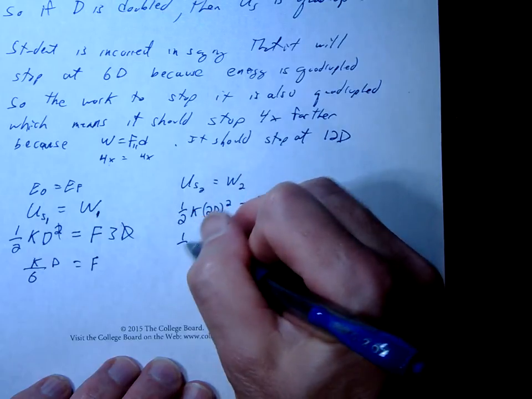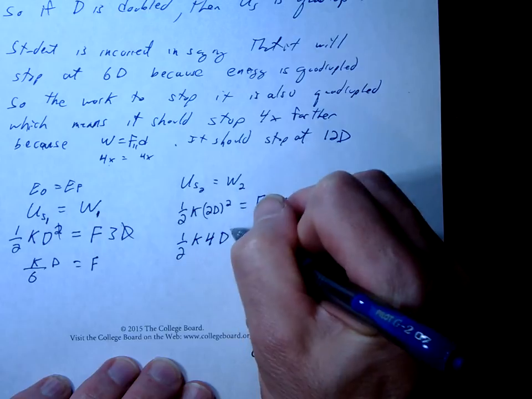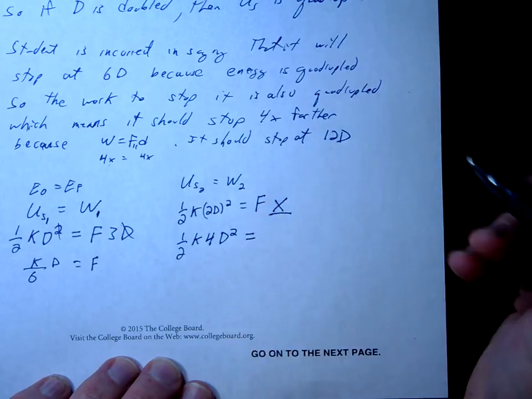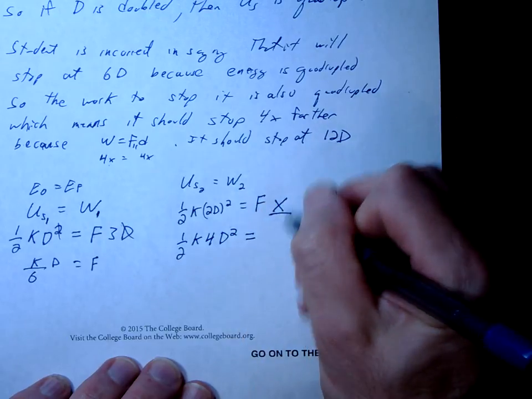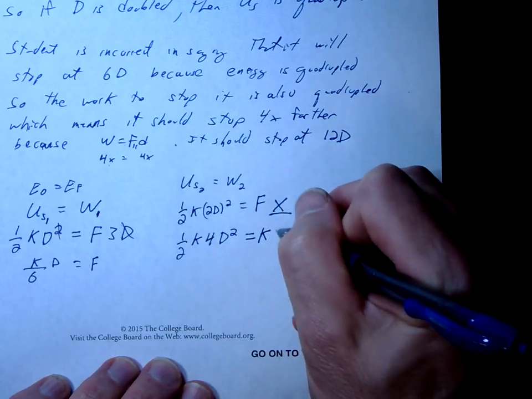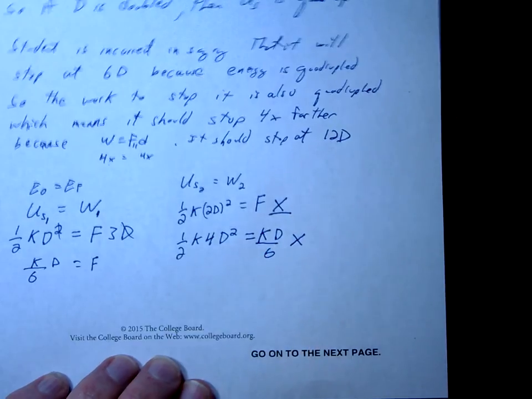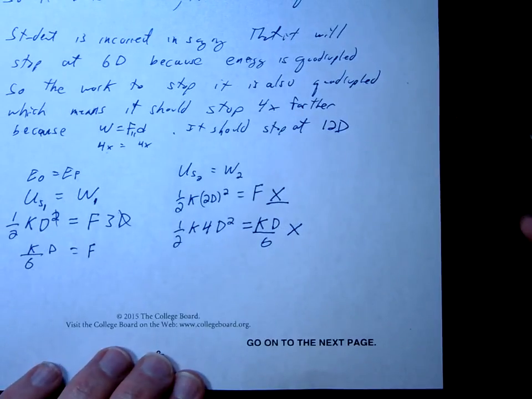Okay, so we're going to have 1/2 k, it's going to give us 4d squared equals f times x. Maybe I'll just make the substitution at this point. So we got k d over 6 times x. And then let's just go ahead and solve it.